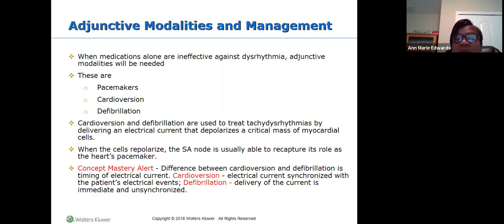Remember that. With cardioversion, the synchronizer is turned on and the patient usually has to have a pulse or ECG. In defib, they do not have an ECG rhythm, and so it's not synchronized with the rhythm.